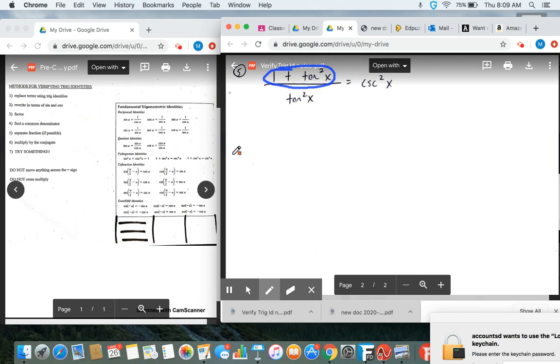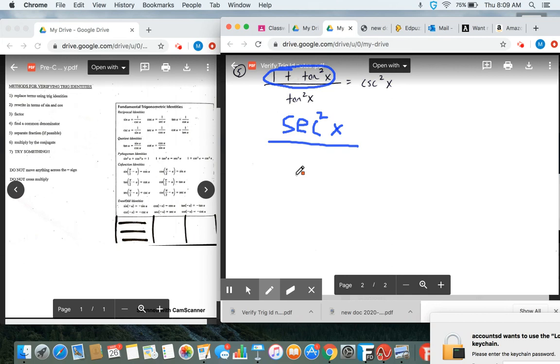So 1 plus tangent squared x is equal to secant squared x. And we see that we have tangent in the problem. So right now, without me having to rewrite tangent, we'd have secant squared x over tangent squared x.